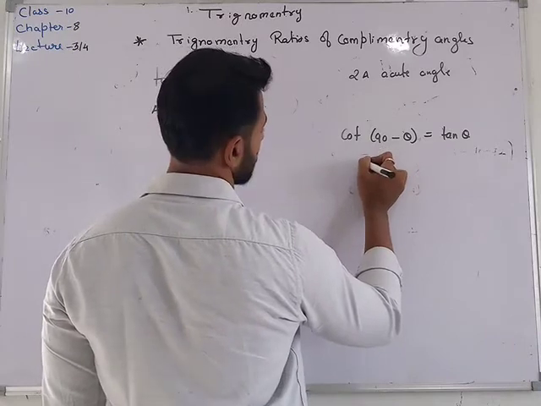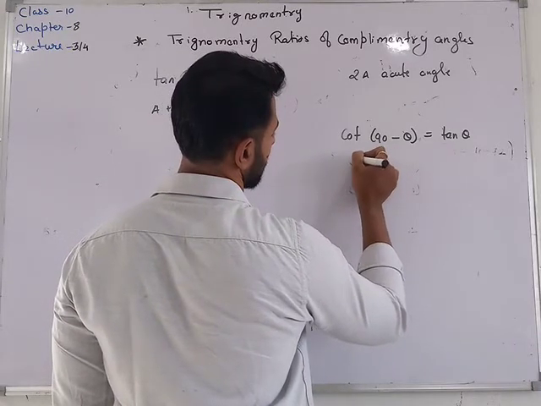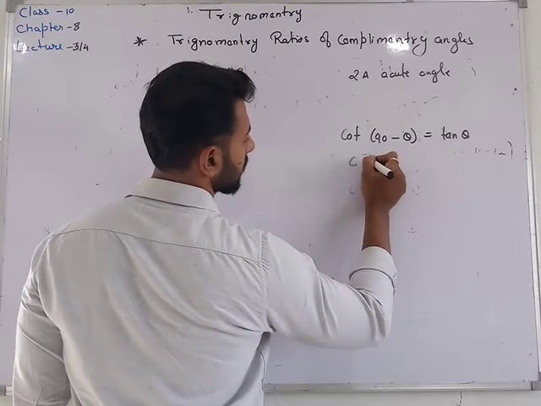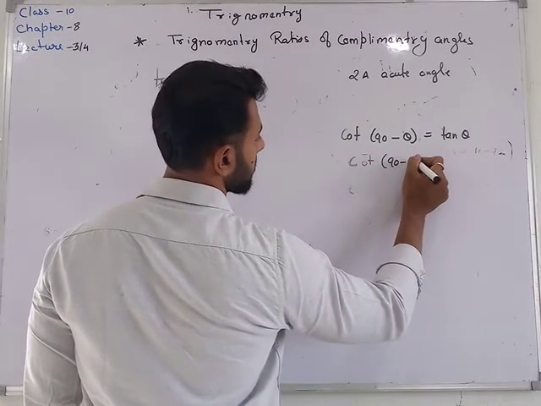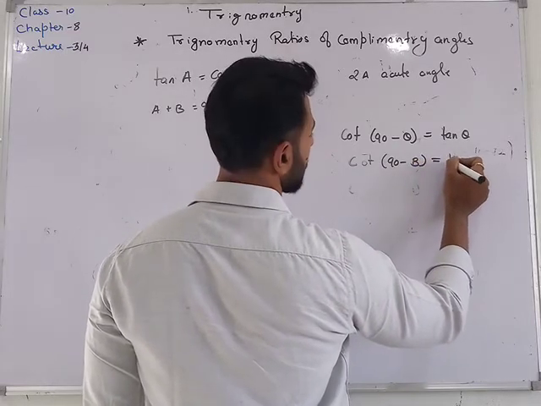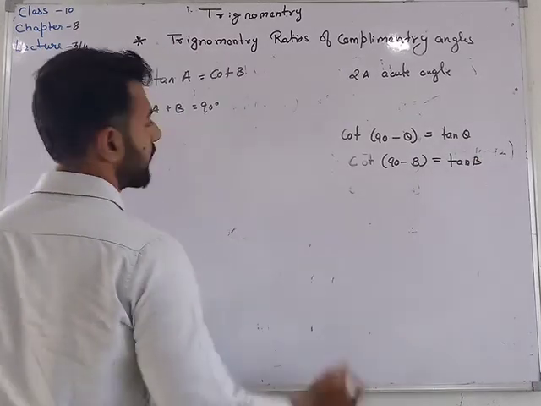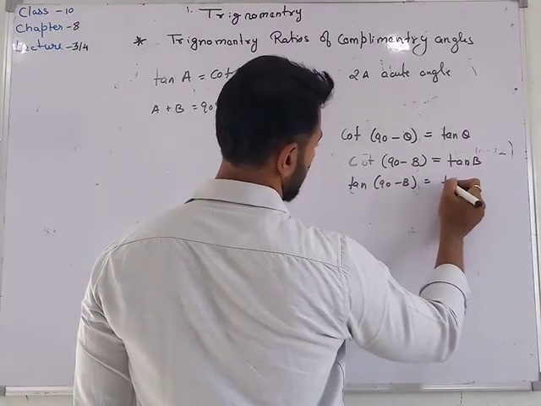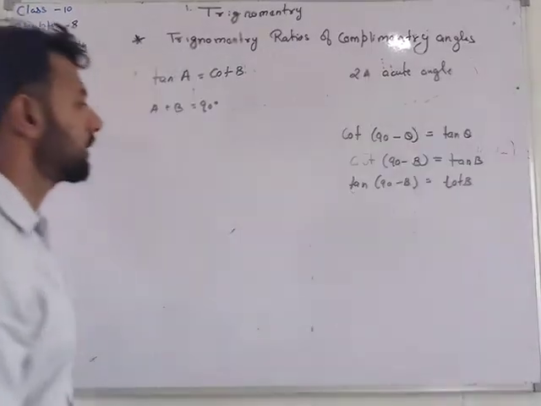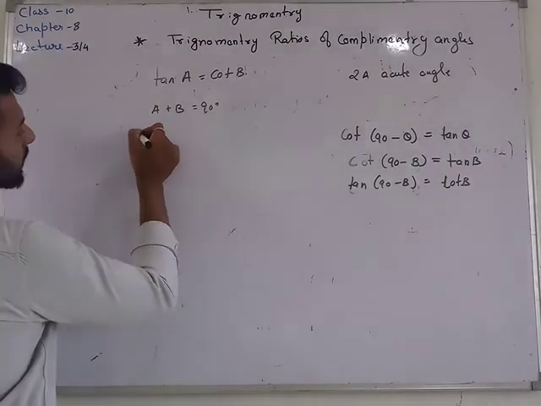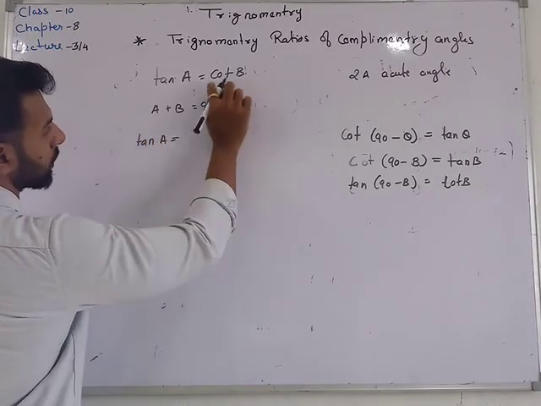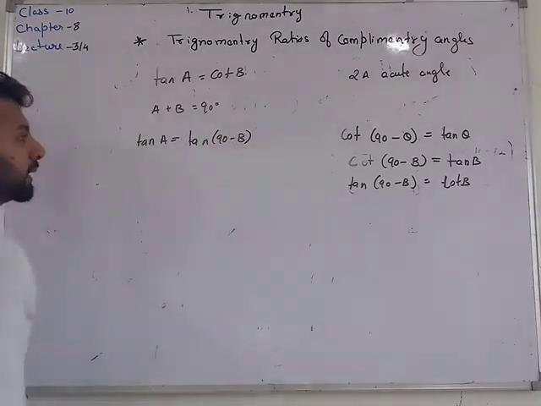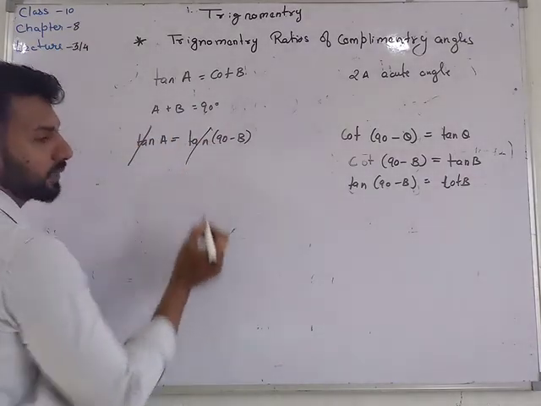So taking cot 90 minus B, it can be written as tan B, and tan A is equal to cot B, which can be written as tan 90 minus B. Now this tan will cancel out with this tan.